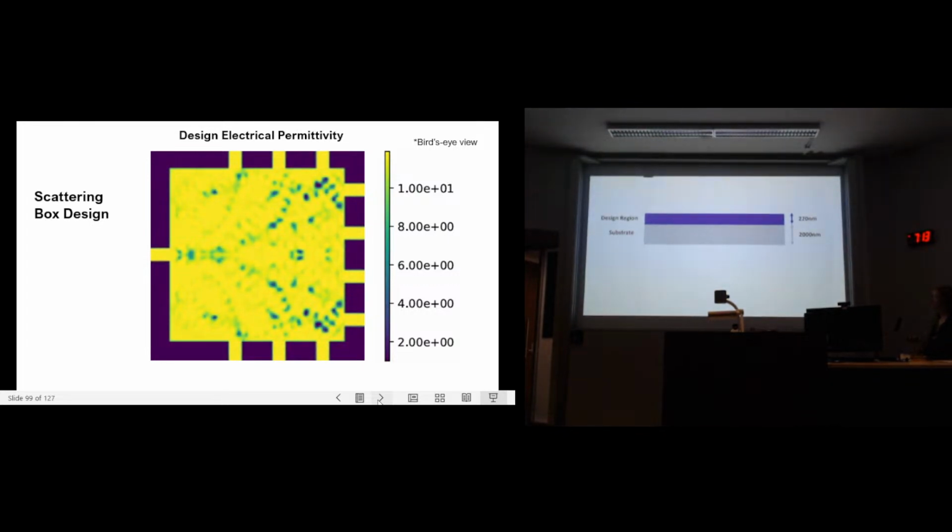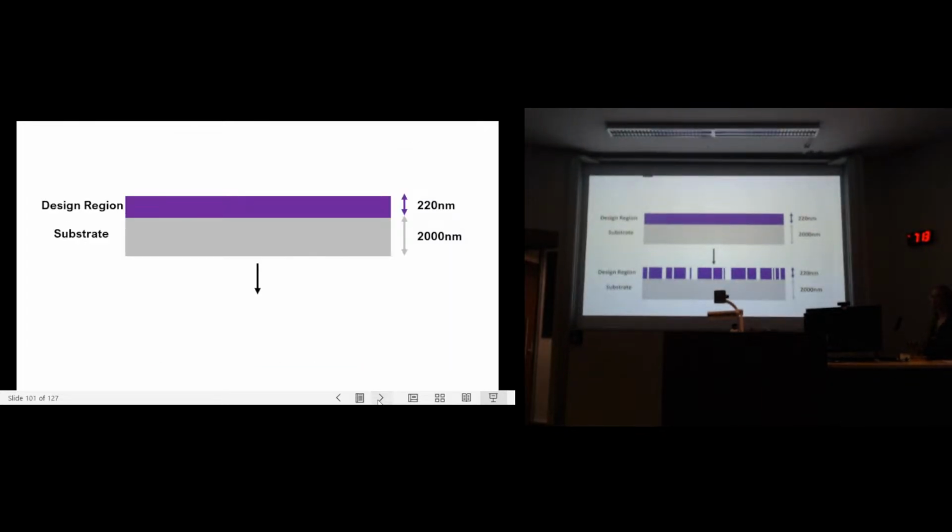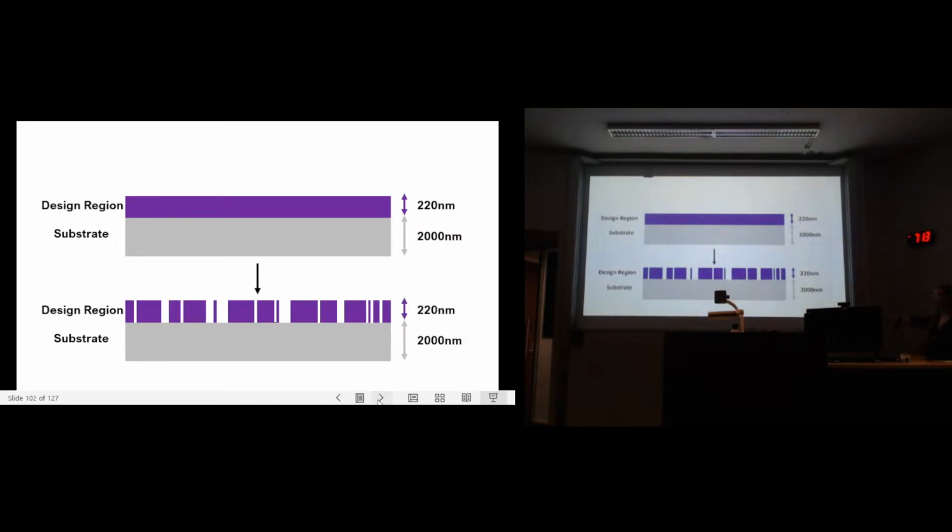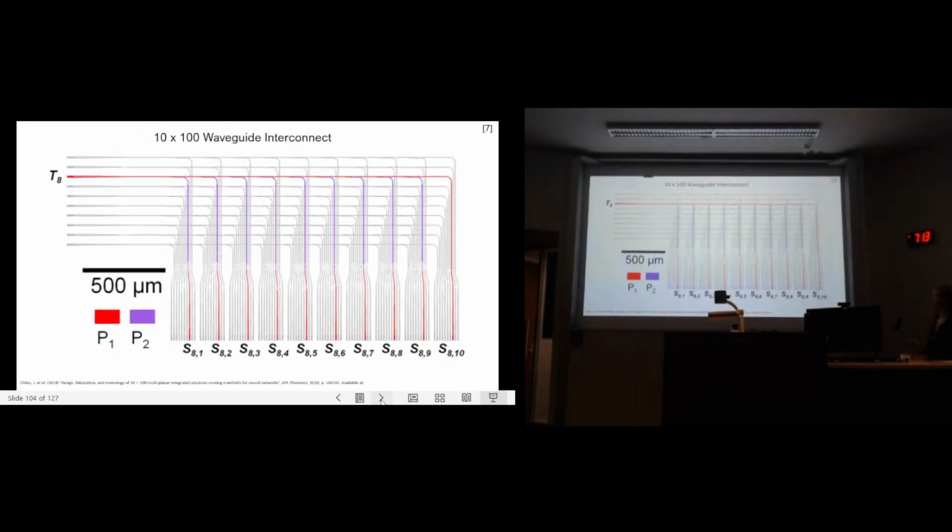So essentially what that looks like is we do it with electron beam lithography. Again, we can encode pockets of air in different places using that etching technique. And we can see what it looks like.